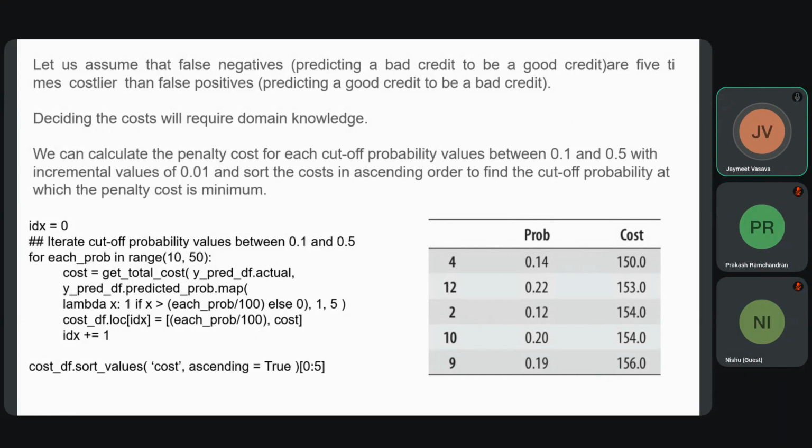We can calculate the penalty cost for each cutoff probability value between 0.1 and 0.5 with incremental values of 0.1 and store the cost in ascending order to find the cutoff probability at which the penalty is at the minimum.